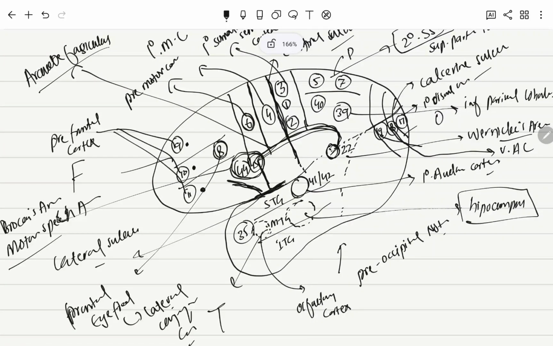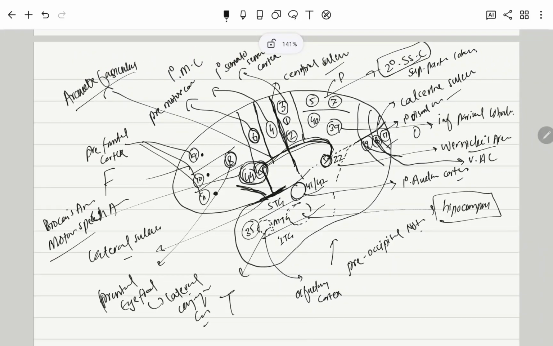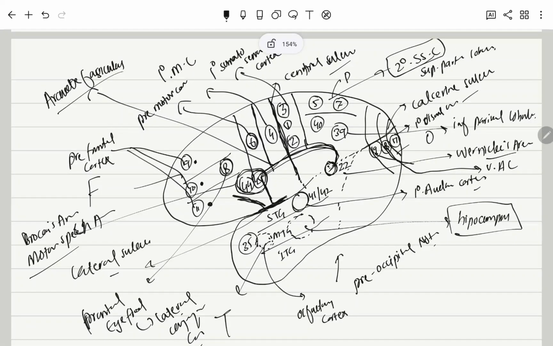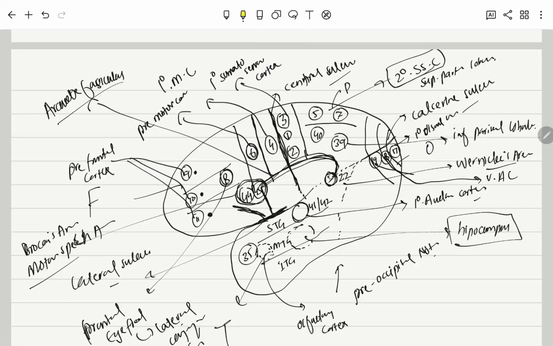So I think I have covered most of the areas. So let me highlight these areas, right? What I have highlighted in yellow is the frontal lobe.